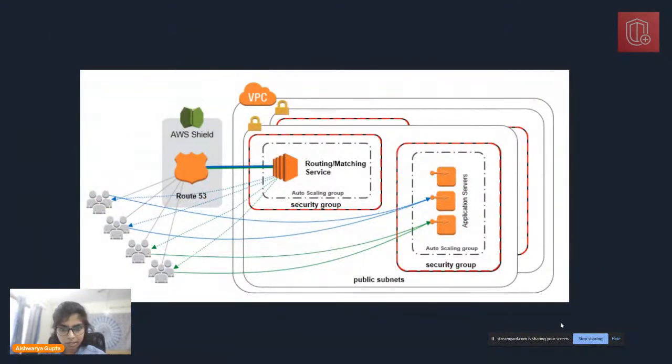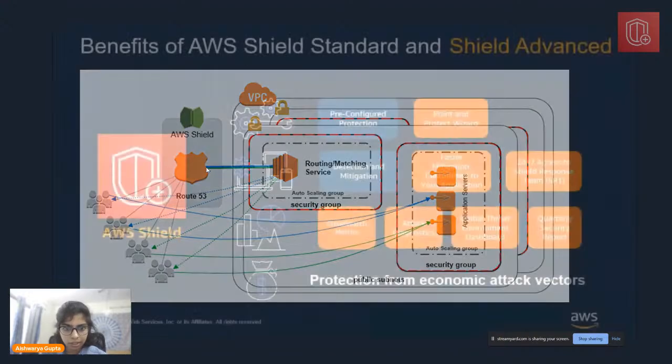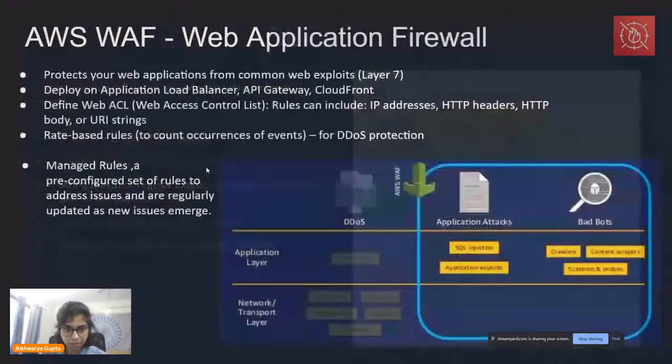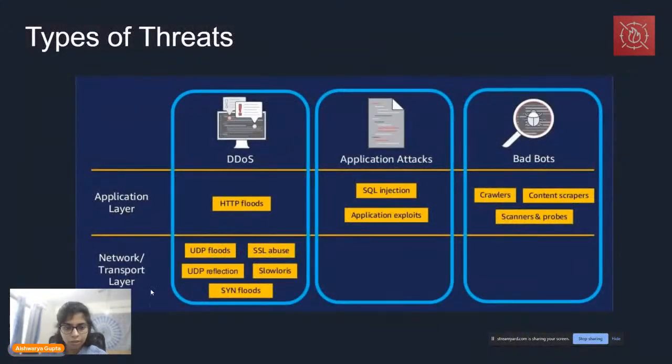As you can see in this diagram, and I explained it before, it's basically flooding our server with multiple requests from bots or botnets, a group of bots, such that it denies service to the actual users. Shield helps us in managing the type of threats in this box only.